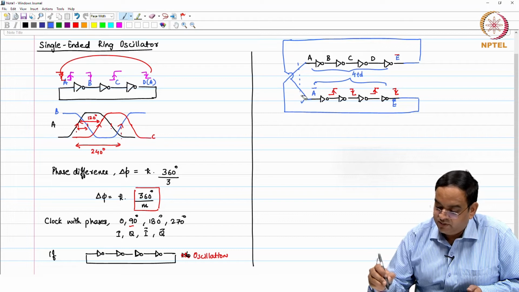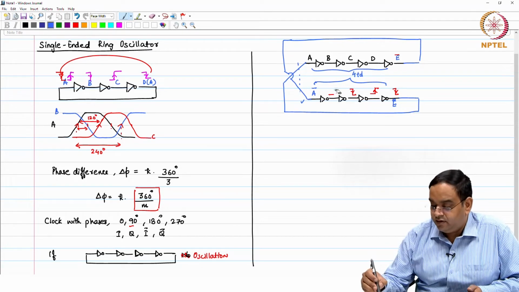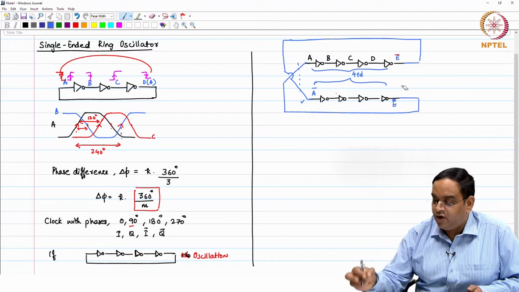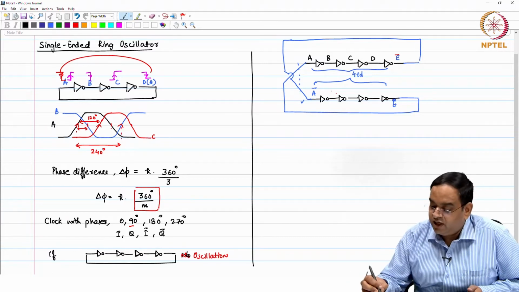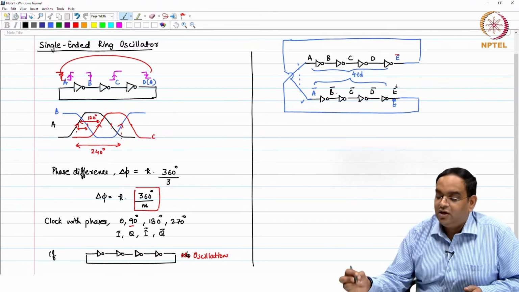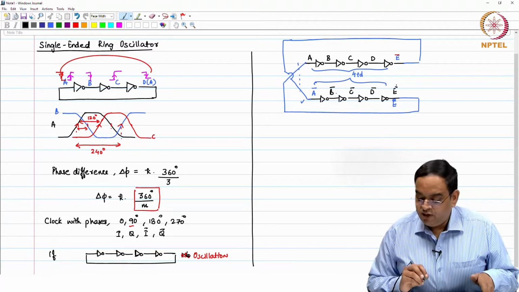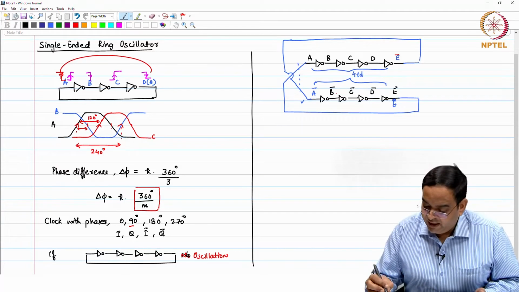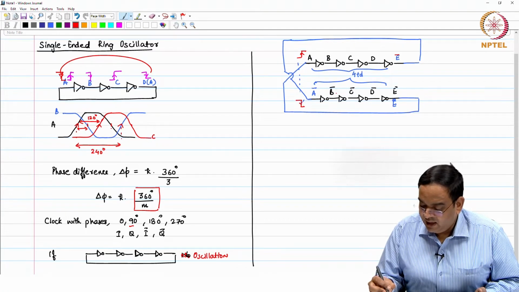Again, there is an assumption here that somehow we are going to, this is A, B bar, C bar, D bar and E bar, which you see here. So, somehow I am going to enforce that if you have a rising edge at A, then you have a falling edge at A bar.